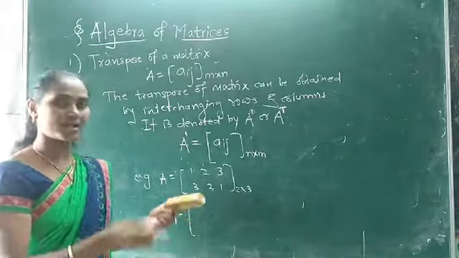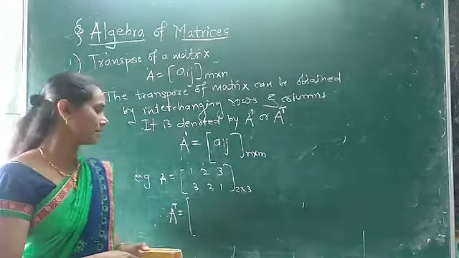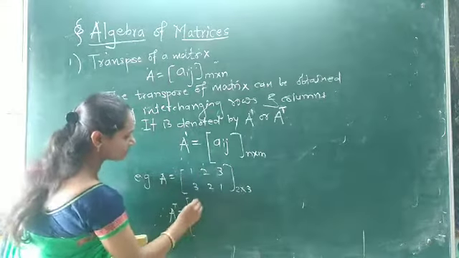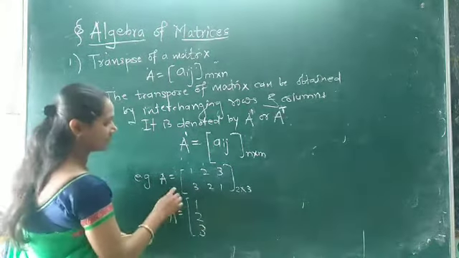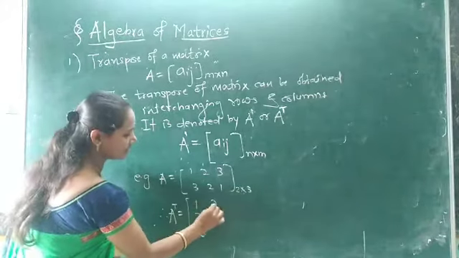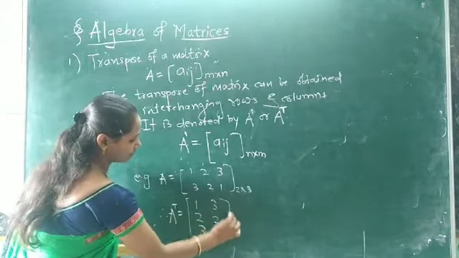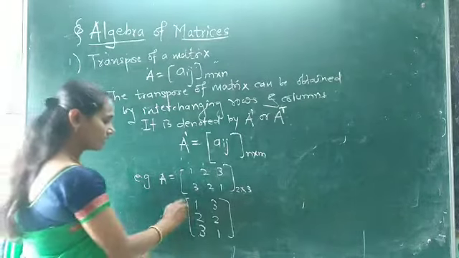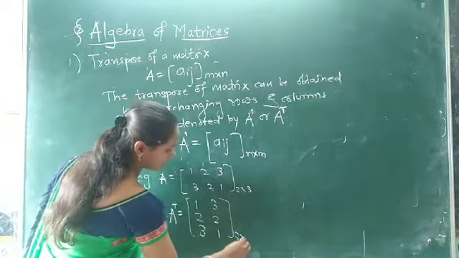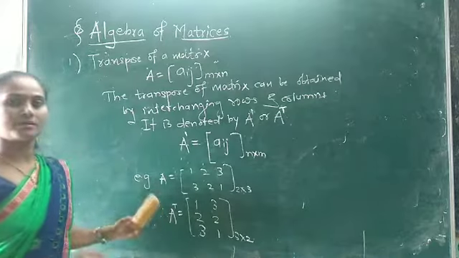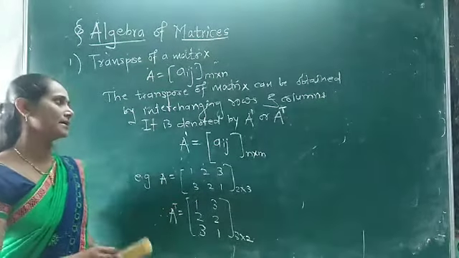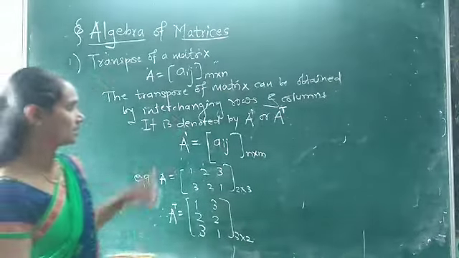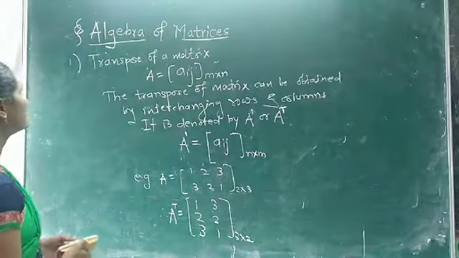That means columns are converted into rows and rows into columns. This 1, 2, 3 is our first row, so it becomes the first column. 1, 2, 3 is our second row, and this becomes the second column. So now the order of A transpose is 3 rows and 2 columns. This is the transpose of a matrix.